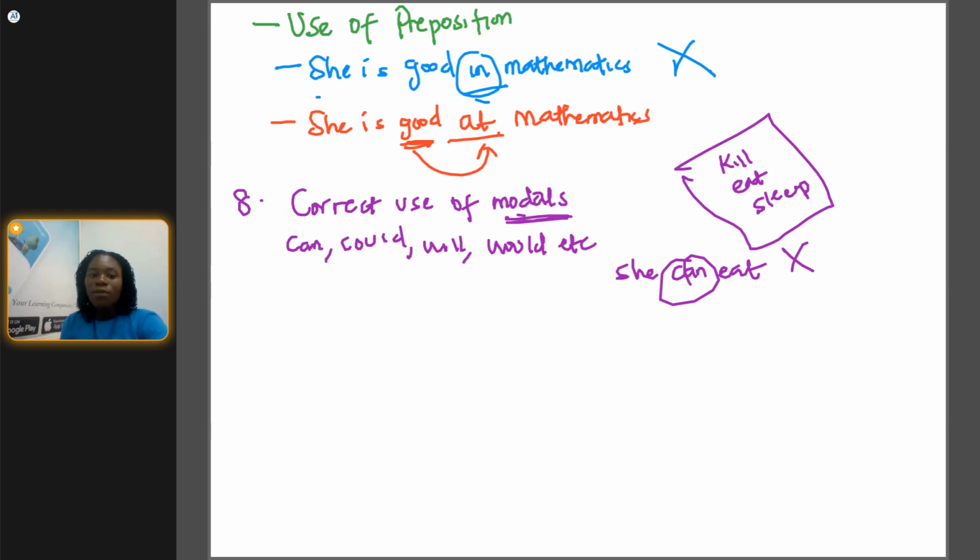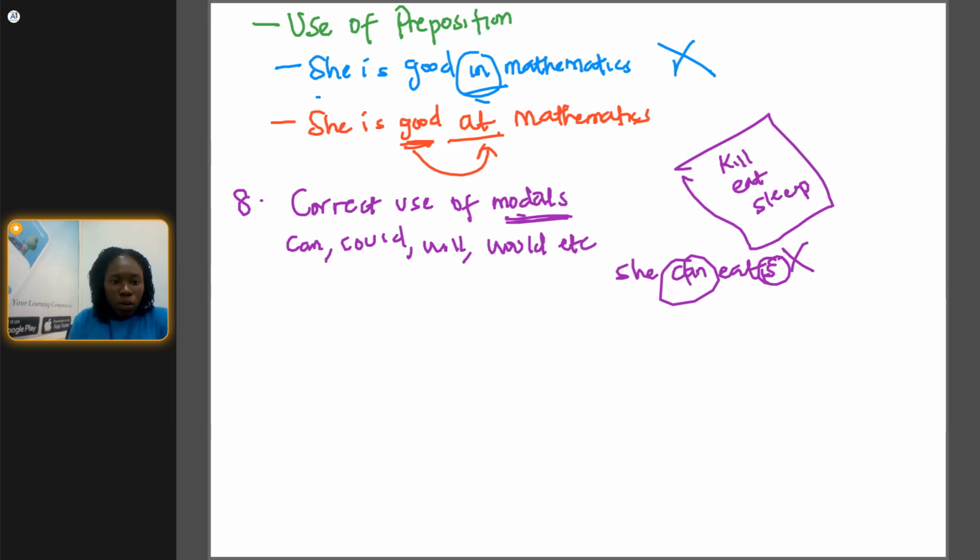Normally, even a very simple short sentence would be grammatically right if you say she eats. But because there is can, you don't need to put this s, so you have she can eat. Now we're going to be looking at these modals and how they function.